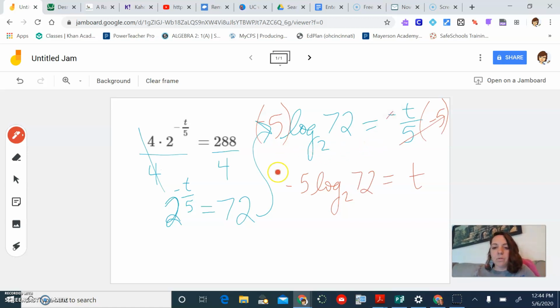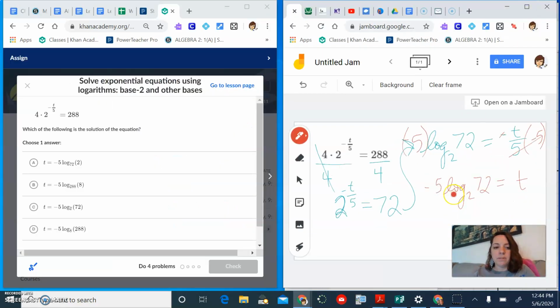Okay, so all this on the left is my exact answer. And depending on how they want the answer, depends on if I have to plug in the calculator or not. Turns out I do not have to plug in the calculator because it's multiple choice. So -5 log base 2 of 72. That's the one.